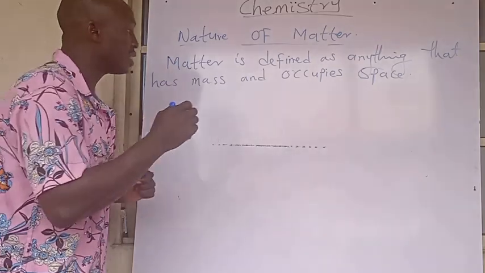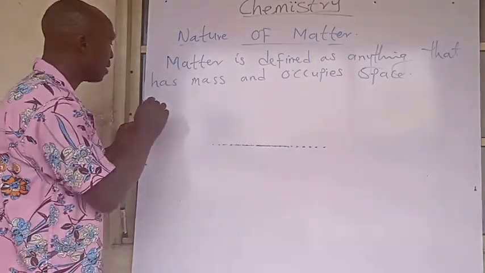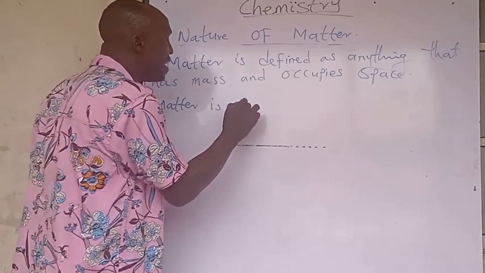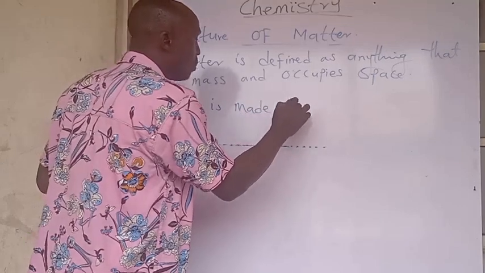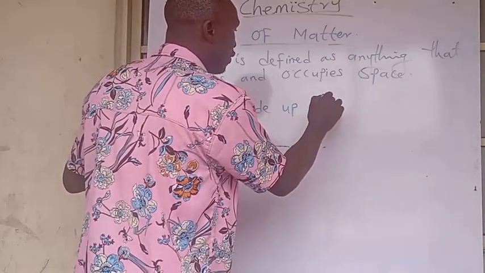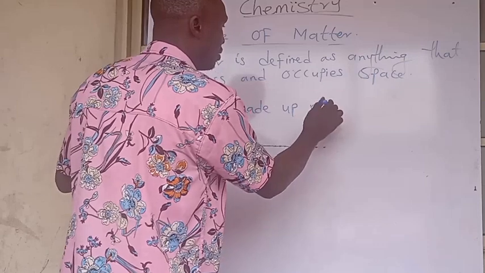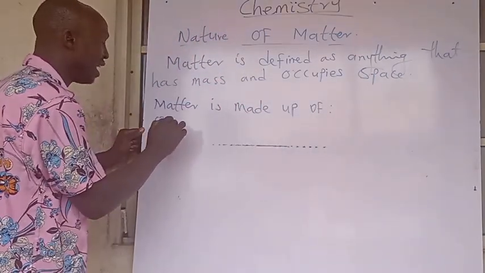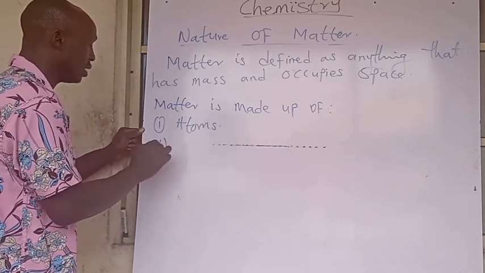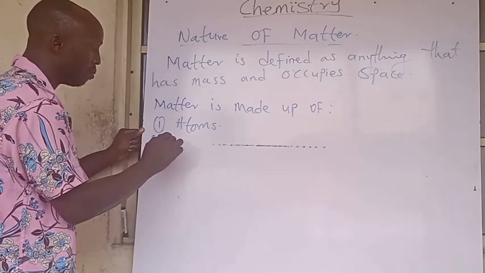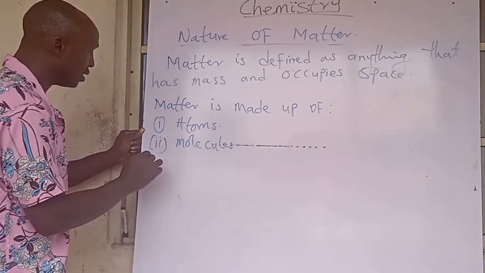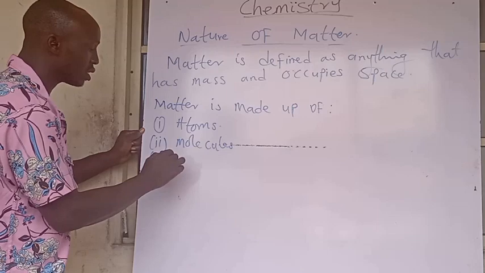Now, what are the things that build up matter? Matter is made up of either the following things: one, atoms. Secondly, molecules. And thirdly, ions.